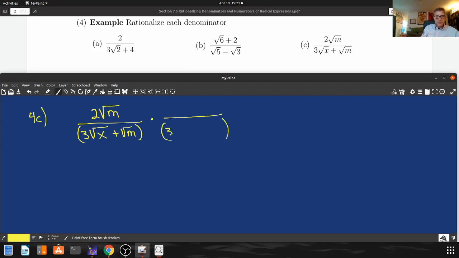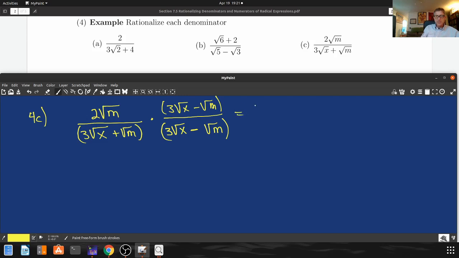So this is going to be 3 times the square root of x. Since that's a plus, it's going to become a minus, times the square root of m. And this is going to be the exact same thing. Of course, we're assuming the square root of 3 times x minus the square root of m is non-zero.